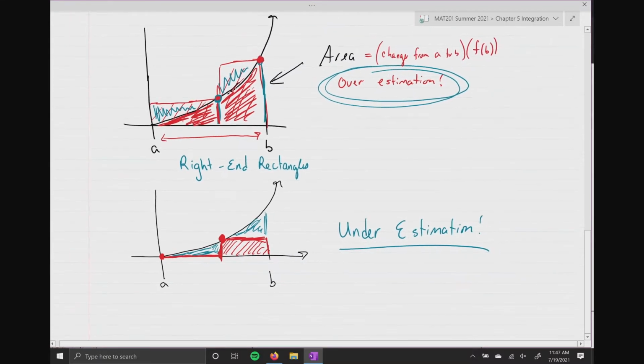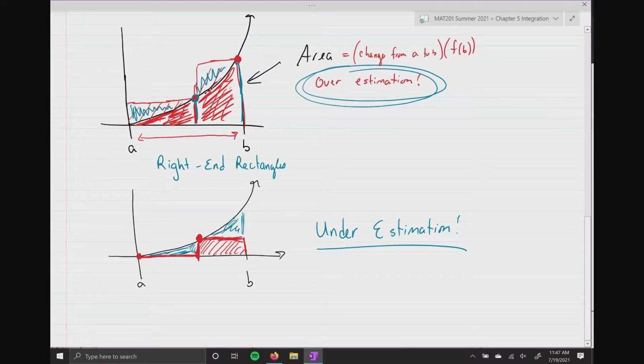Now, on the board, you have two situations. Right-ended rectangles gives you an overestimation. Left-ended rectangles gives you an underestimation. So area of the right and area of the left.